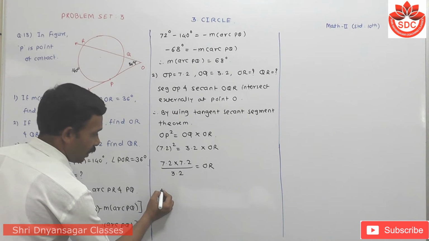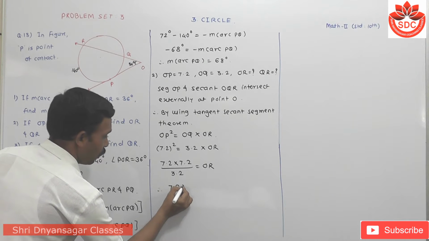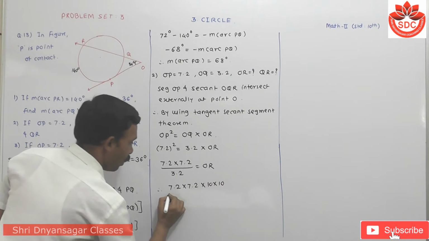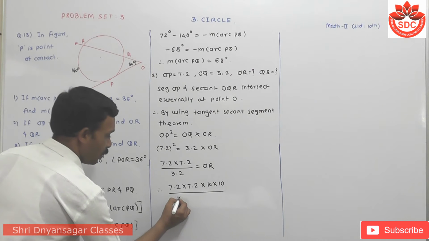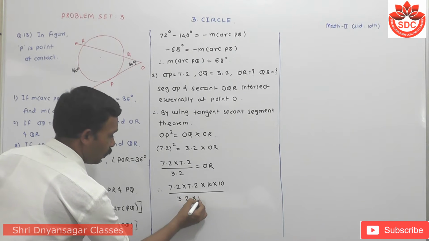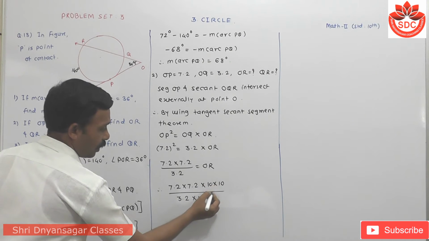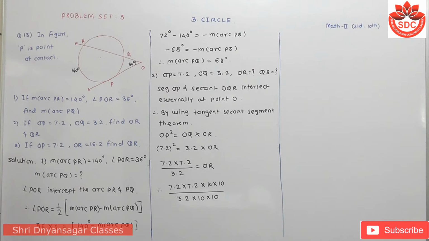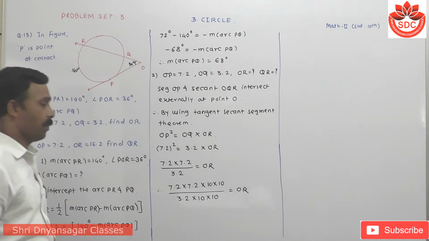Then we get 7.2 into 7.2 into 10 into 10 upon 3.2 into 10. Also you have to multiply by 10, because here 10 into 10 is 100, and here also 10 into 10 is 100. Then by using this we remove the decimal point, equal to OR.